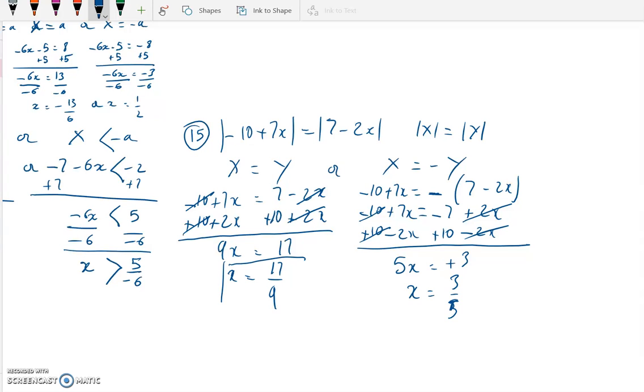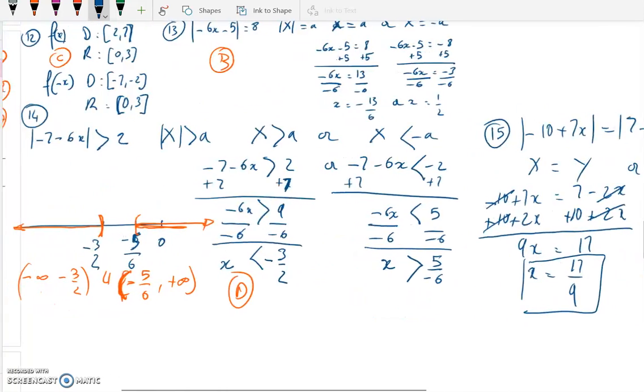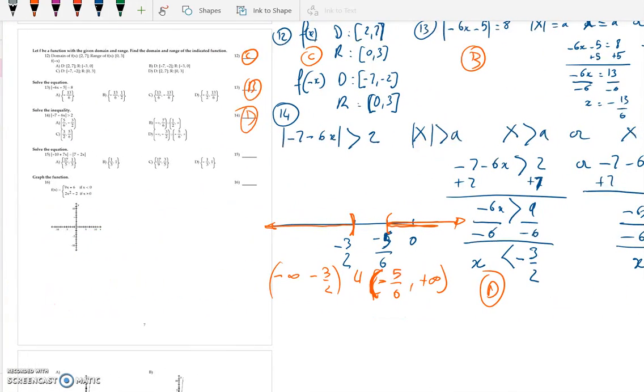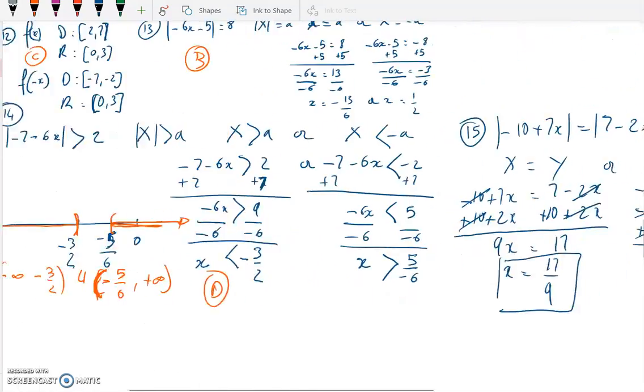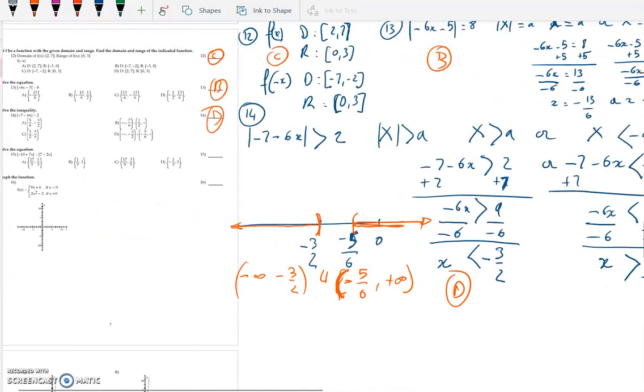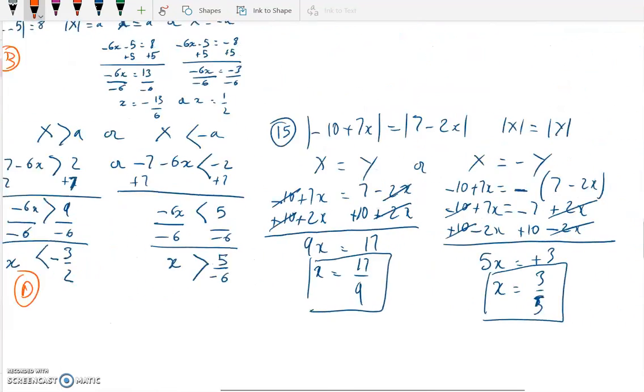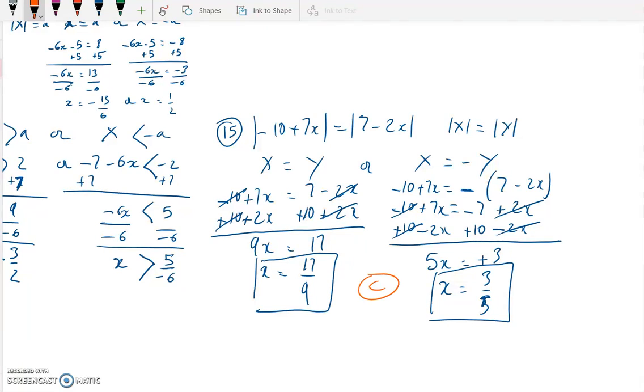So I got two values of x, 17 over 9 and 3 over 5, for the number 15. The only one with 3 over 5 and 17 over 9 is the answer C. Alright, answer C for this one.